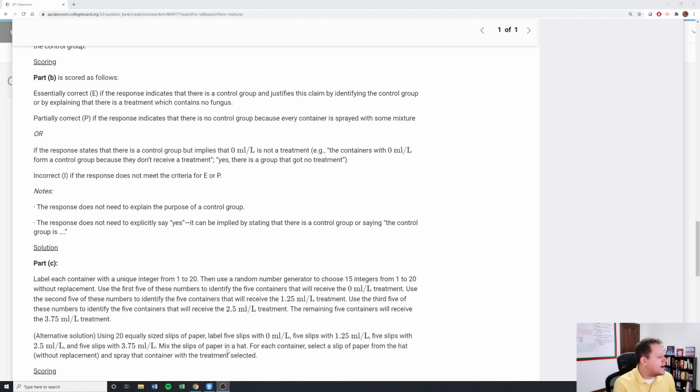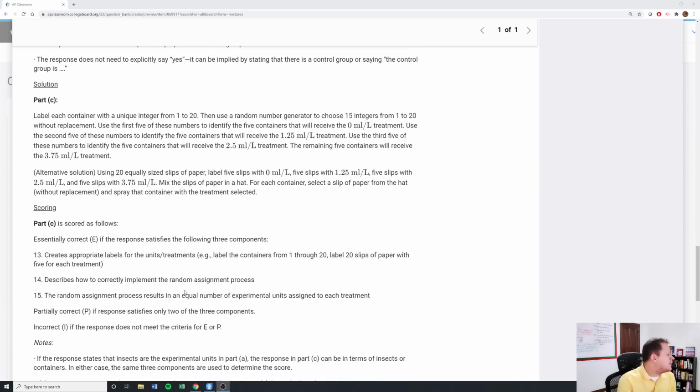There is more that you have to include here, even though it doesn't look like it. It's very easy in this method to forget to say something that will knock you down to a P or even an I. So don't draw slips of paper out of a hat. Okay, use a random number generator.